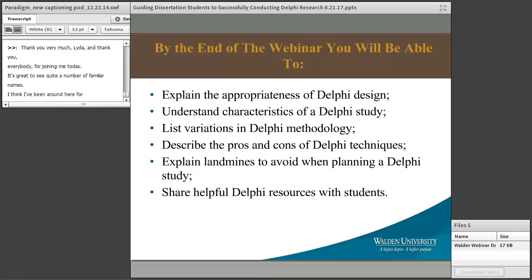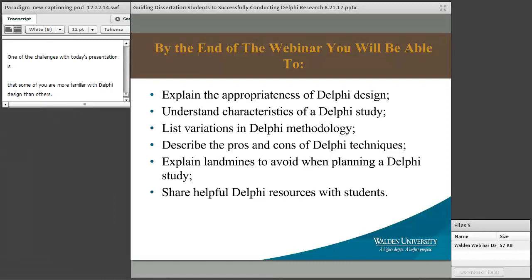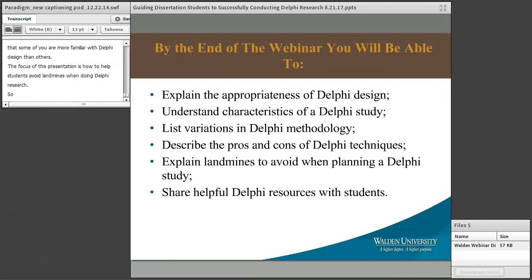One of the challenges with today's presentation is that some of you are more familiar with Delphi design than others. The focus of the presentation is how to help students avoid landmines when doing Delphi research. That presupposes some understanding of Delphi research.